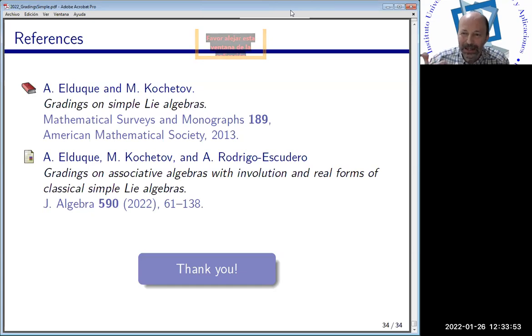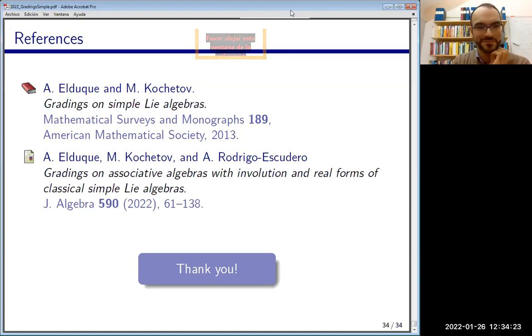Most of the gradings, not necessarily fine, that we know come from constructions of certain types using smaller objects like composition algebras, Albert algebras, structurable algebras. But we don't know how to check that we have got all the possibilities, how to get a real classification. I see. Thank you.